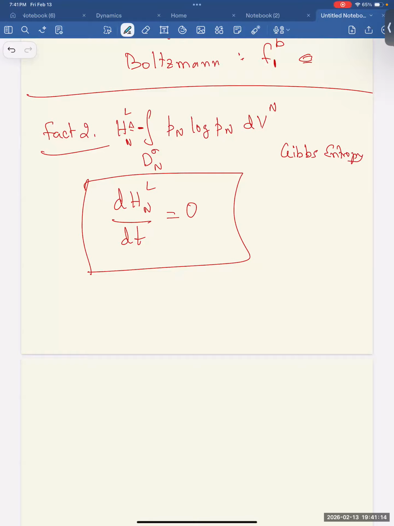So there is no mechanism for the Gibbs entropy to change. You're neither adding nor removing information, no matter what initial condition you start in and what initial condition you end up in. Okay, so there is just no issue. Okay, so let's call this HNL. Let's call this S Gibbs.